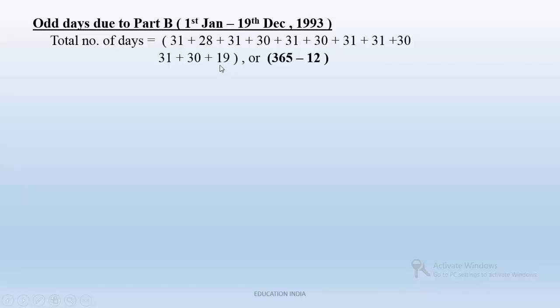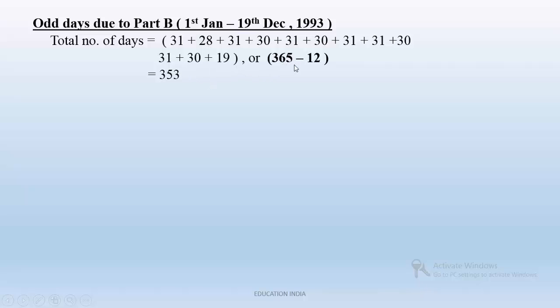This is 19 because the last date that we have to find is 19 December, which gives us a result of 353. One thing to note: if the year were a leap year, February would be 29, since the number of days for February in a leap year is 29.